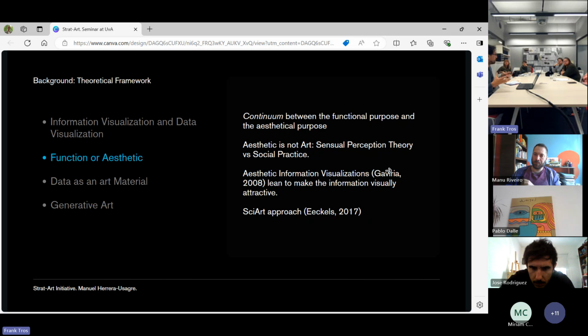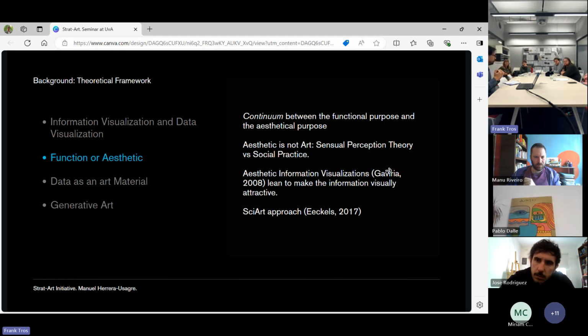While art is nowadays recognized as a social practice where an artist with some intentions creates an artifact, and that artifact is recognized as an artwork by social institutions, as Pierre Bourdieu says, like museums, collectors, other artists, gallerists, curators, and so on.